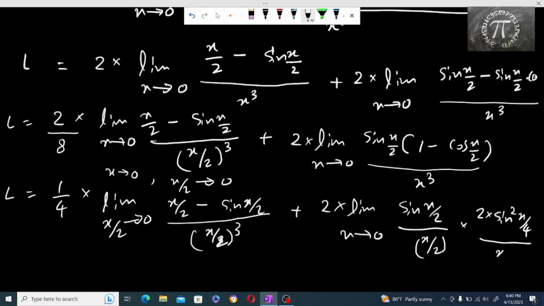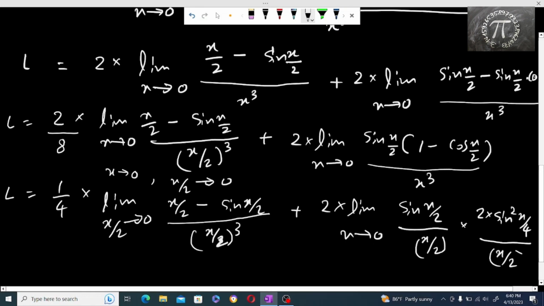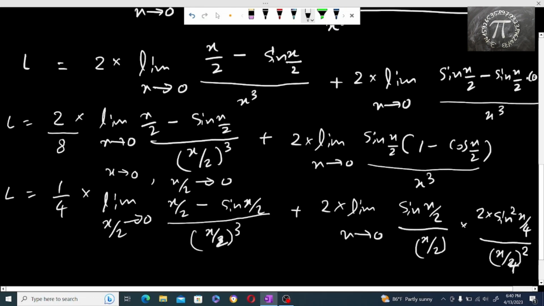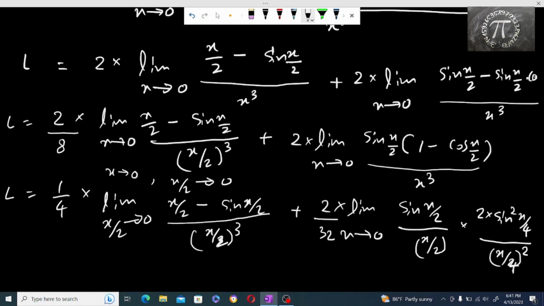Here I am going to write (x/2) to the power 2, and we want x/4. So here we get an extra 2 into 4 to the power 2, that is 32. I'm going to put 32 here, and that cancels out, so that's okay.